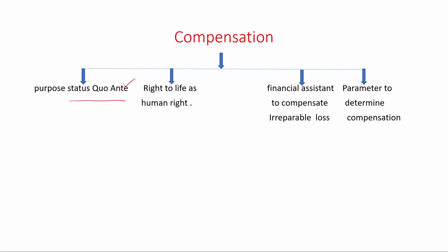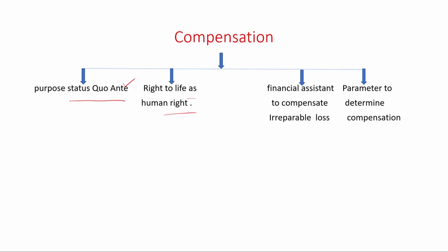So, this is the purpose of compensation, status quo ante. As you all might be knowing, right to life is a human right, as per Article 3 of the Universal Declaration of Human Rights 1948. Every person has a right to live with human dignity.